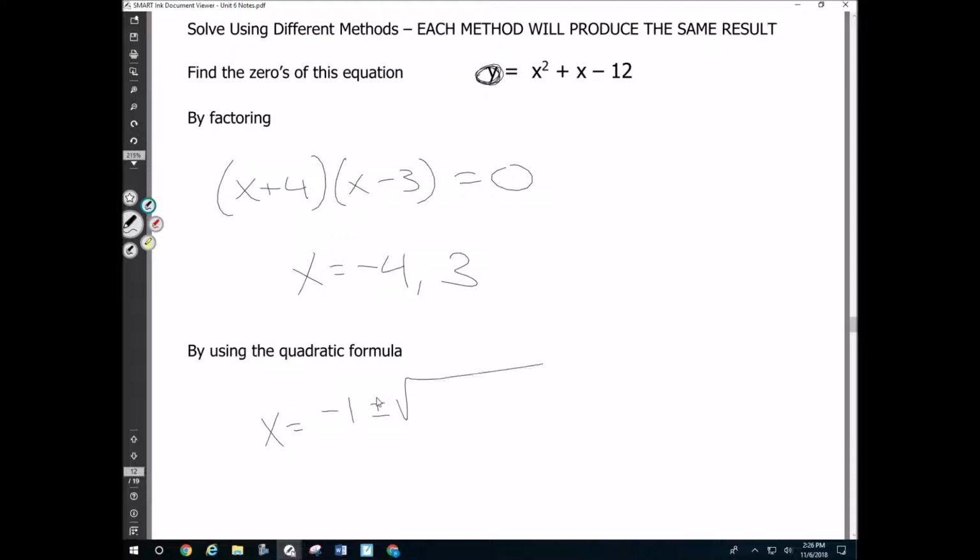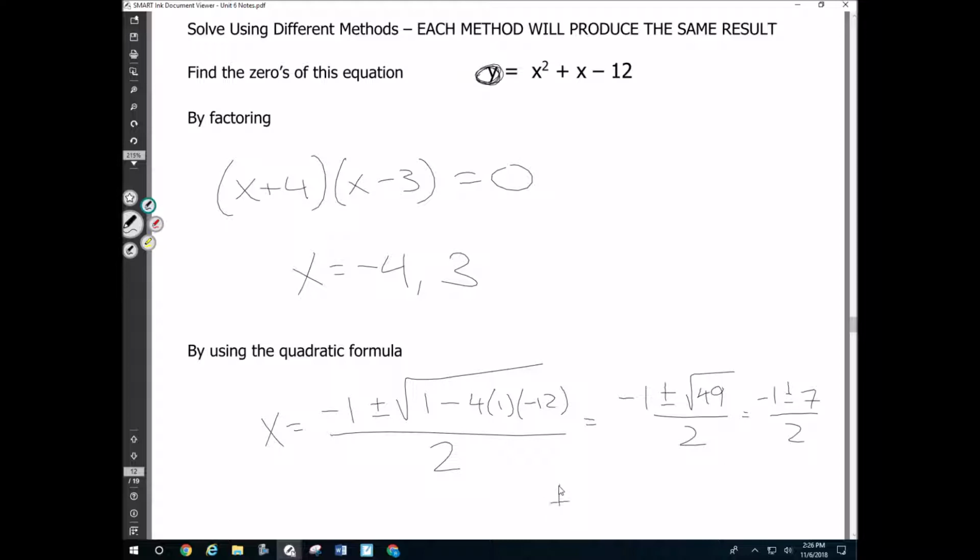-b plus or minus the square root of b squared minus 4 times a times c, all over 2a. This is -48. 1 minus -48 is positive 49. -1 plus or minus the square root of 49 over 2. Square root of 49 is 7.